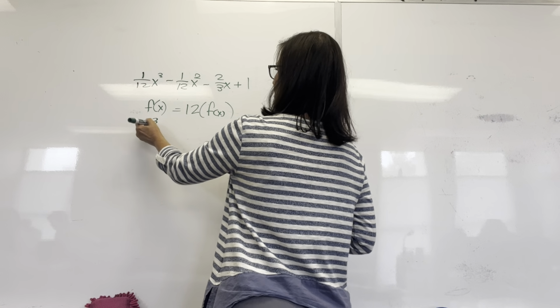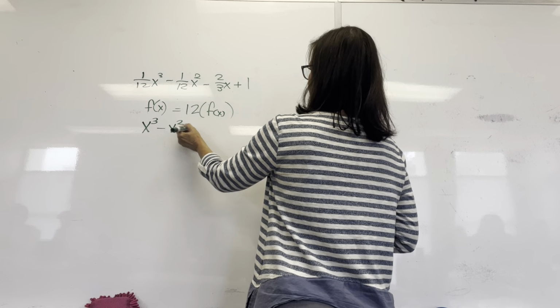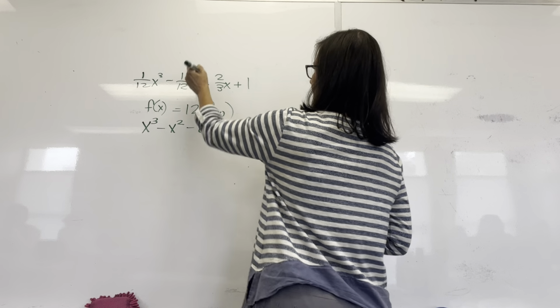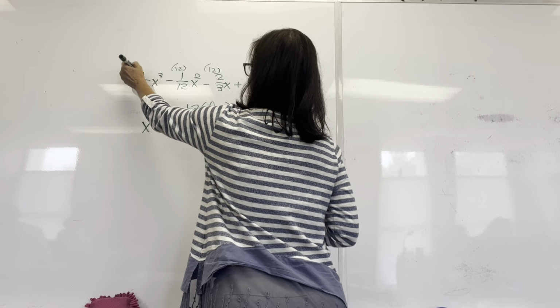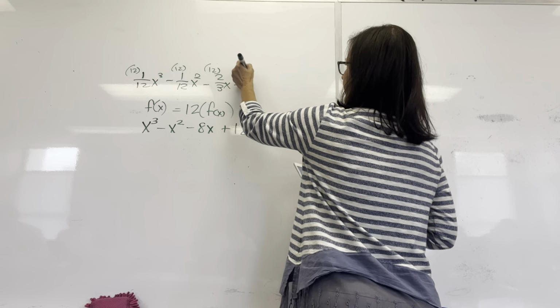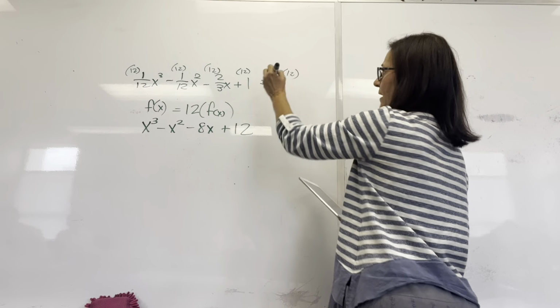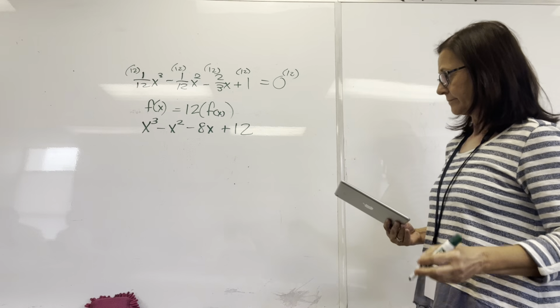So we end up with x cubed minus x squared minus 8x plus 12. Multiplying every term by 12. Because remember, we're setting it equal to 0, and we multiply 12 times 0, and we get 0.